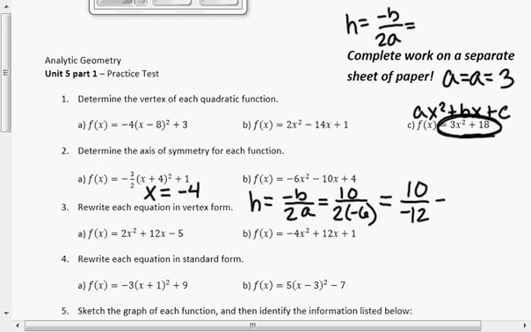You can reduce the fraction and get negative 5/6, or put it in decimal form, which would be negative 0.83. So it's going to be x equals negative 5/6 or negative 0.83. Remember, your axis of symmetry is a line, so that's why we've got to have the x equals a number.